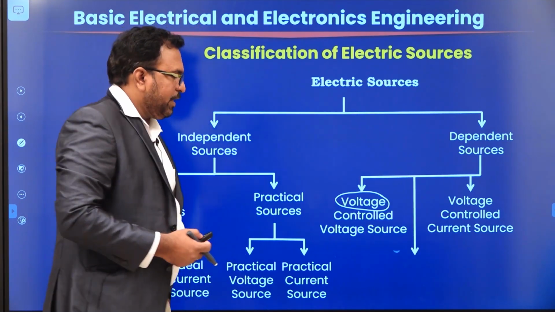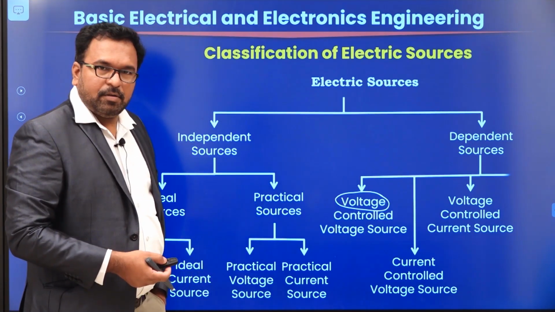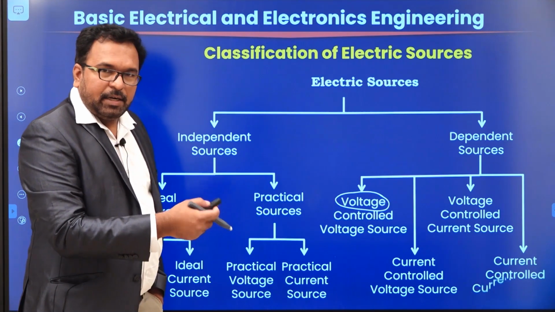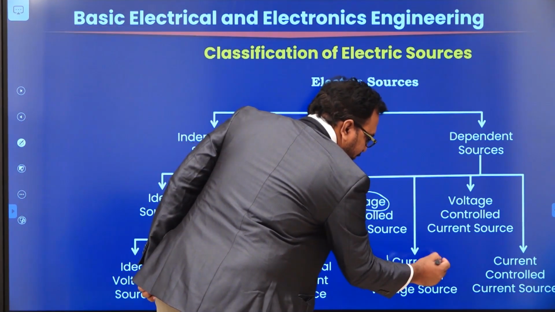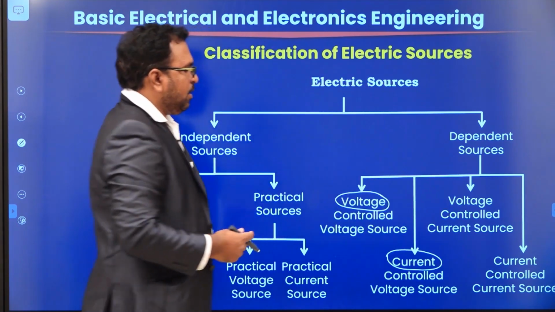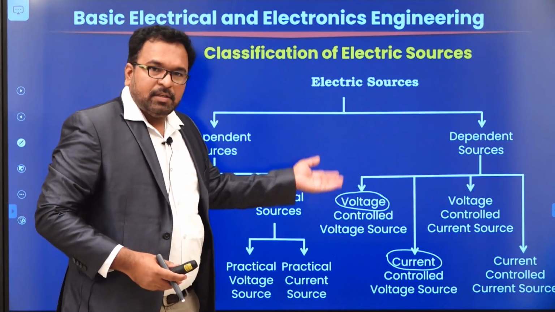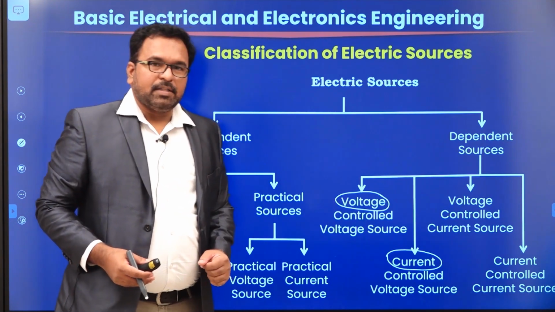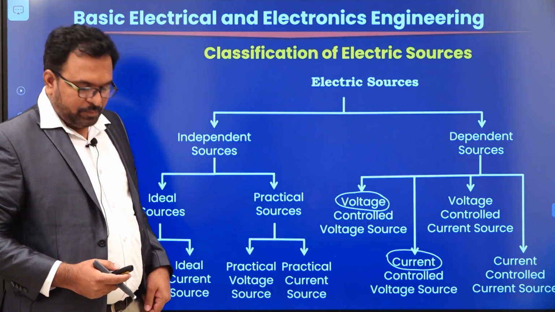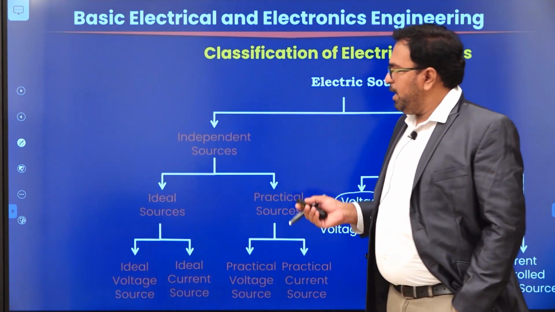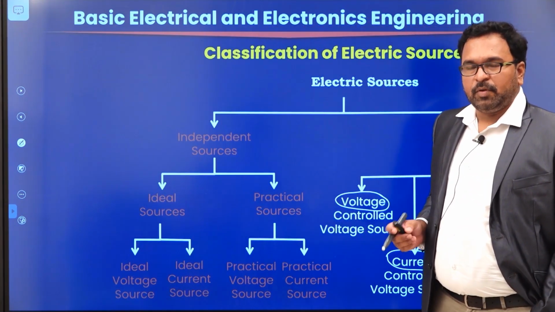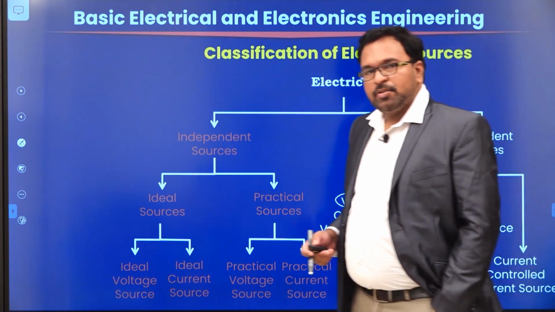Similarly, we are going to classify another two types as current controlled voltage source and current controlled current source. Here the controlling factor of the source is current. In the first two cases, the control factor is the voltage. In the next two cases, the control factor is the current. But in our course, mainly we are going to concentrate on the independent sources only. Okay. Now let us discuss these sources in detail.